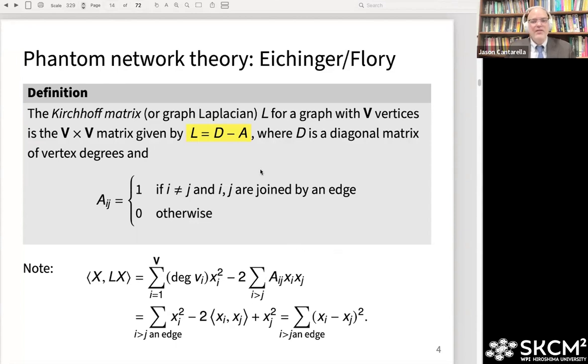And if we make this matrix L, which is a diagonal matrix of vertex degrees in the graph, minus the adjacency matrix of the graph, that's just 1 if 2 vertices are joined by an edge and 0 otherwise, then you can observe that L is a quadratic form that separates out the squared difference between coordinates that are connected by an edge.